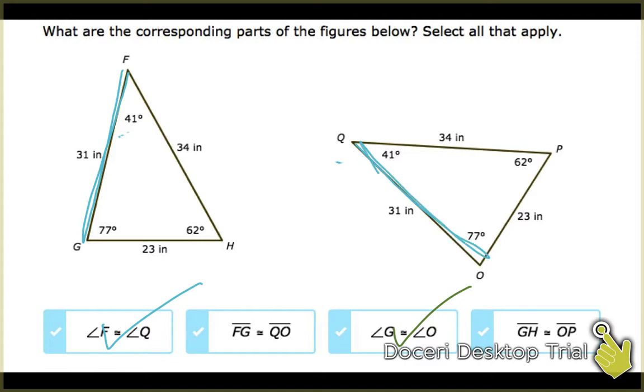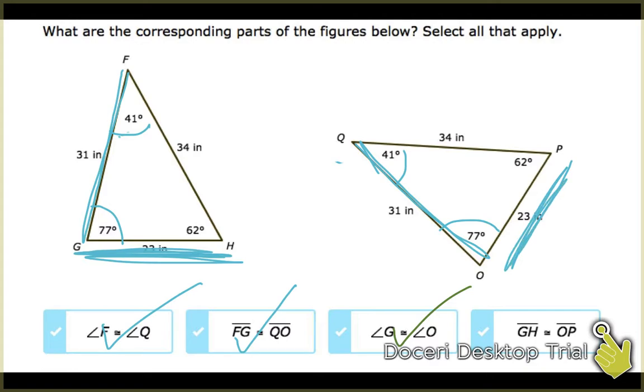Well, they both touch angles 41 and 77 together, so that's a yes. And then GH and OP. Notice how GH has the angles 77 and 62. Well, this one also has 77 and 62. So yes, they're congruent. All of these are the corresponding sides.